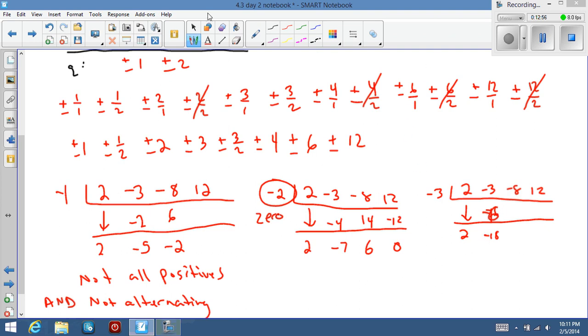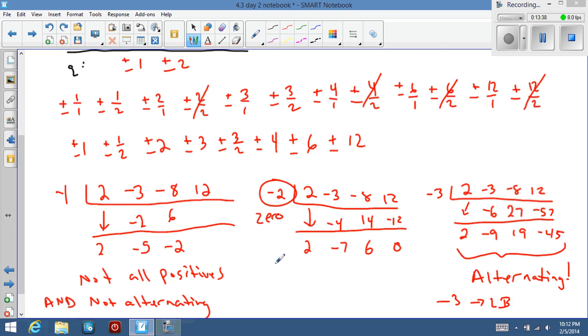Wait a minute, I multiplied the 6 and the 3. Okay, let's start this over. So bring this down, I get 2, multiply, I get -6, add, I get -9, I multiply here, I get +27, I add, and I get 19. When I multiply here, I get -57, and when I add here, I get -45. So these are alternating, which means that -3 is a lower bound. I'm just going to put LB for lower bound.